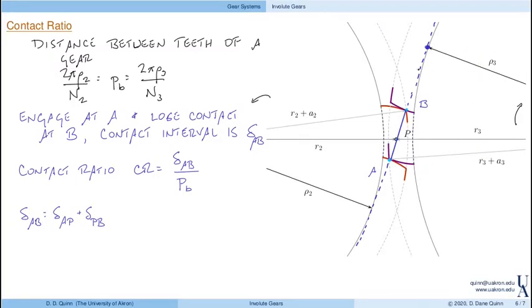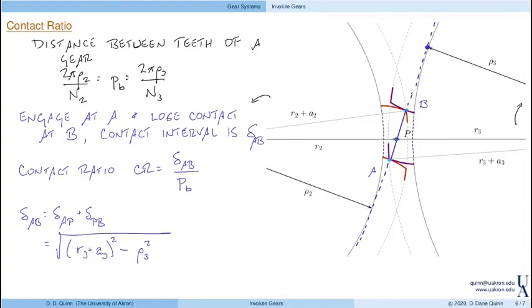The opposite side is the square root of the hypotenuse, R3 plus A3, squared, minus the adjacent side, rho 3 squared.